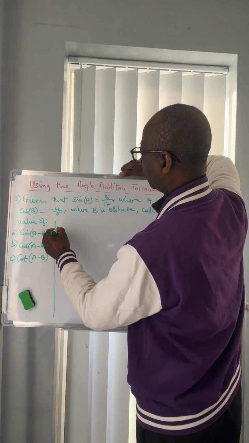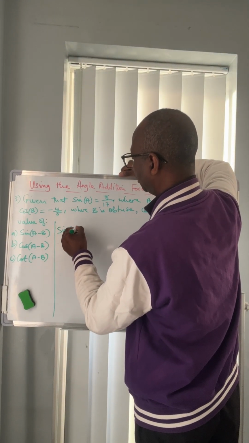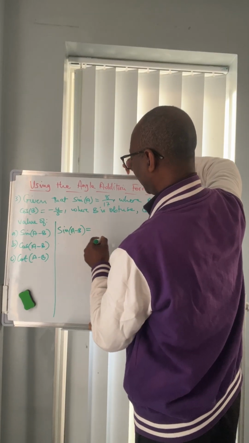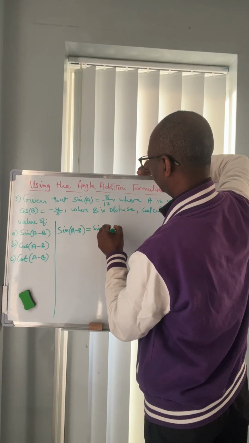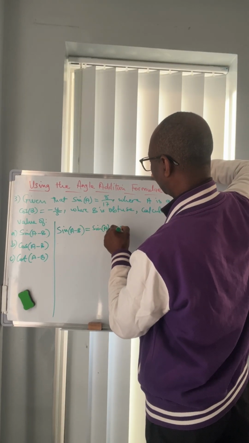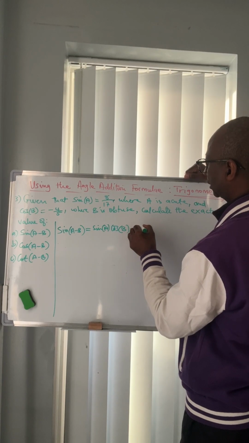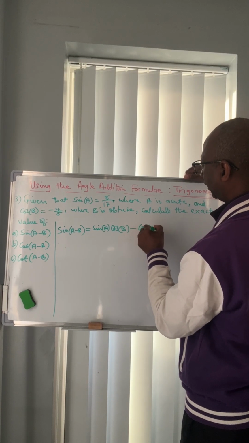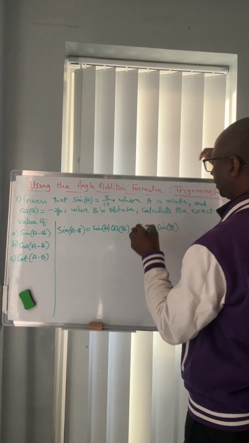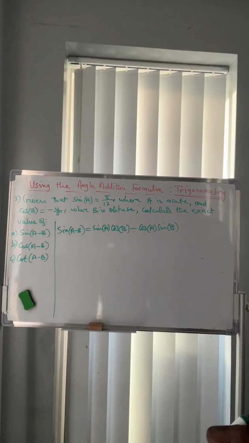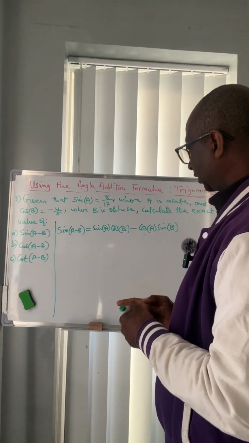If we expand the sine of A minus B, you get the sine of A times the cosine of B minus the cosine of A times the sine of B. Sine A cos B minus cos A sine B. This is what you get.